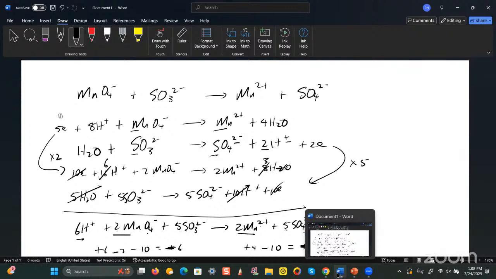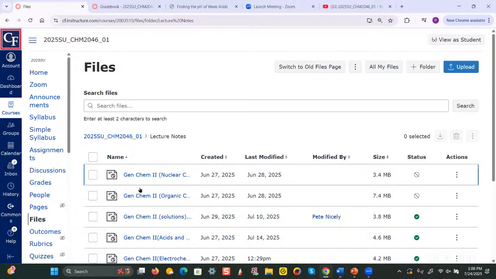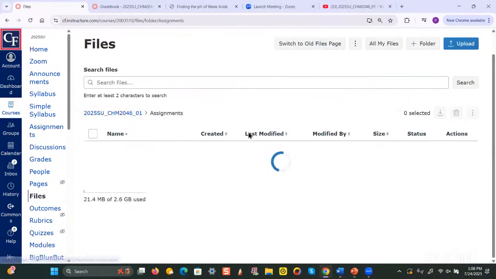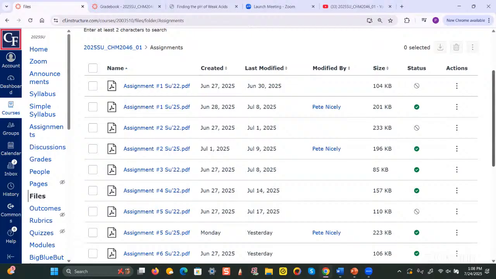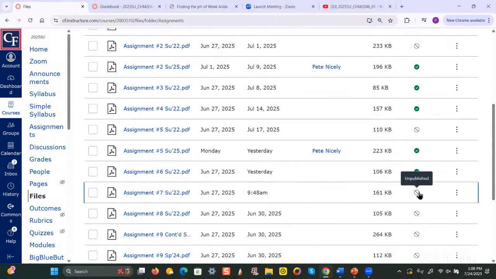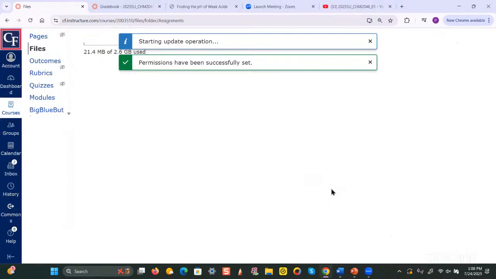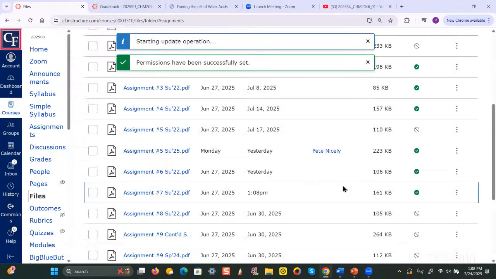And for you guys out there in Zoom, let me check to make sure I published that assignment. So this is assignment 7. Okay, so I did not publish it, so let me do so now. Okay, so you guys out there in Zoom should be able to access assignment number 7. Let me pull it up now.